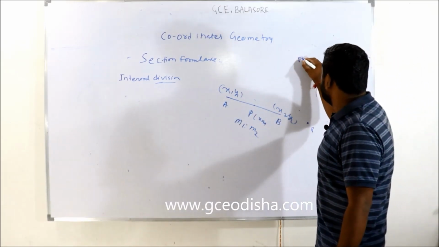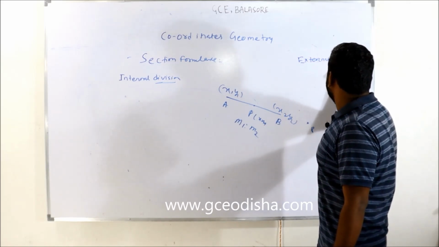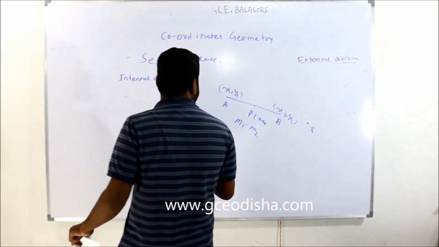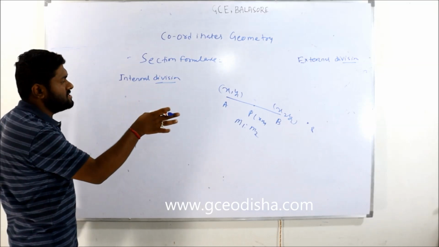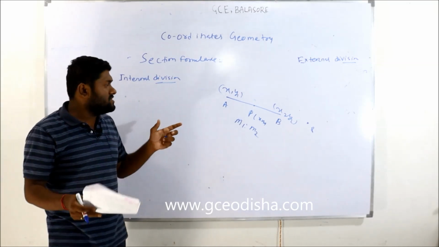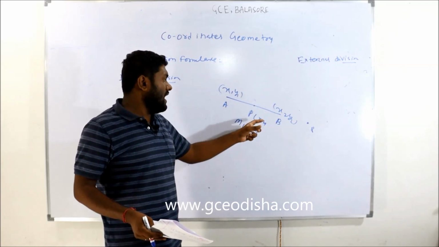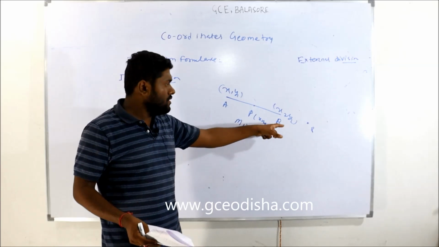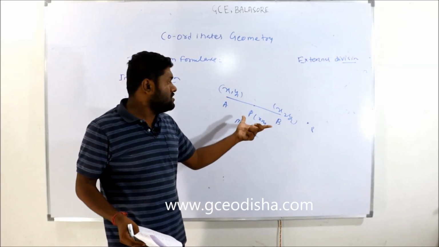That is called external division. There are two formulas: one for internal division, another for external division. External division means it is not in between A and B; it will lie beyond, on either side. In case of internal division, it lies between the 2 points.